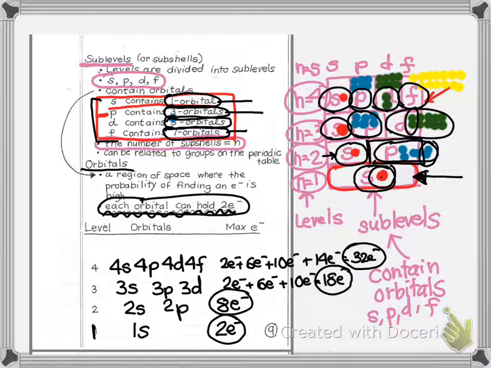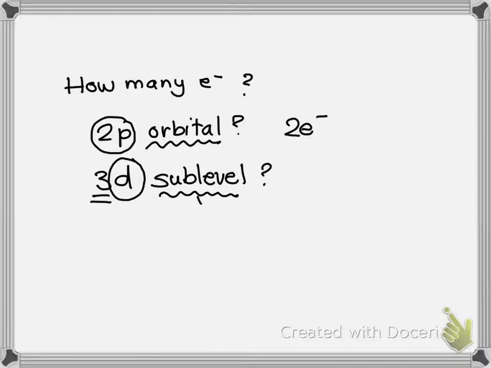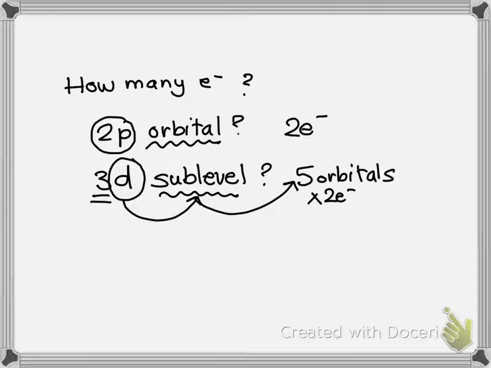Here are the sublevels, and it tells us how many orbitals are in each. If it's a D sublevel, no matter where it is, it doesn't start till the third level, but either in a 3D or a 4D or a 5D, if it's a sublevel, it has 5 orbitals. We have 2 electrons in each orbital, so that is 10 electrons.